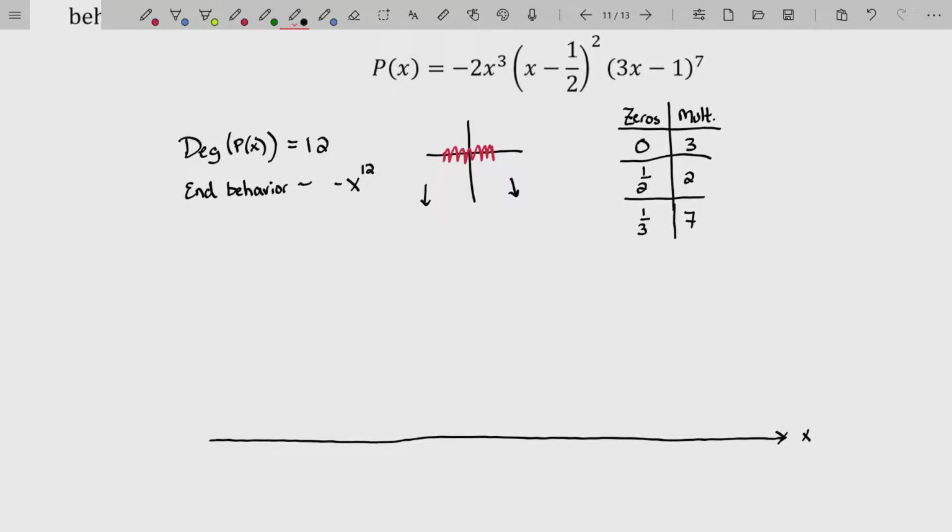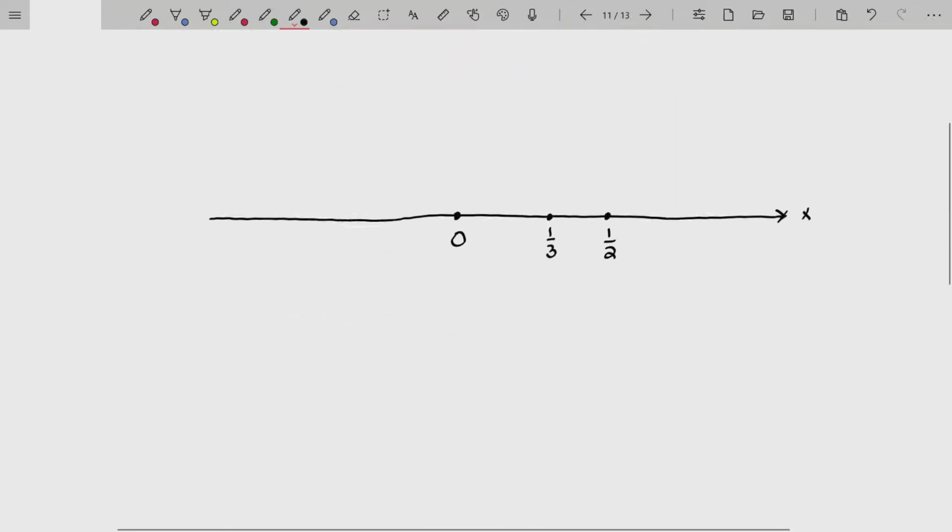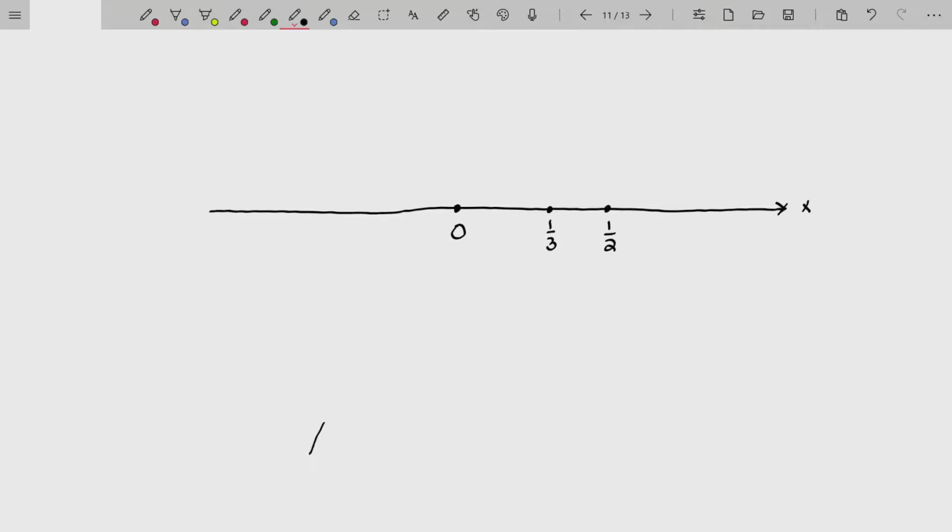All right, so let me plot the zeros. I have a 0 at literally 0. I have a 0 at 1/2 and 1/3. Now 1/2 is actually greater than 1/3, so I'll plot that there, and here's 1/3. And I happen to know the end behavior is going to be down and down.